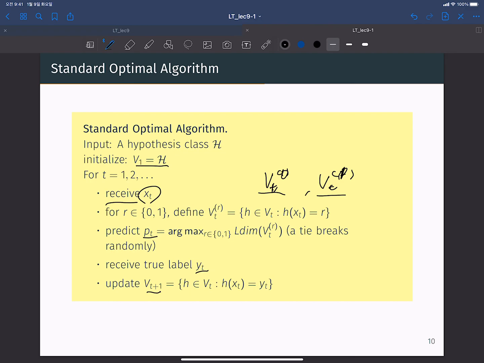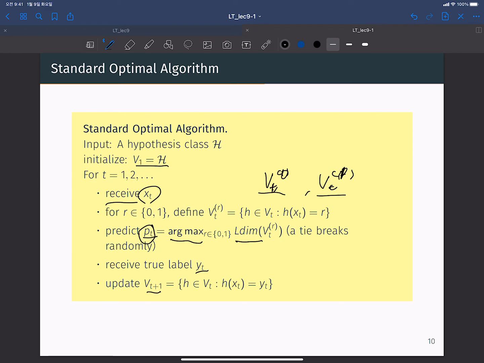If the L dimension of Vt1 is larger than the L dimension of Vt0, then we set 1 as the output prediction. So pt is simply the argmax of L dimension. If both Vt1 and Vt0 have the same L dimension, then just randomly choose one label. And then receive the true label.